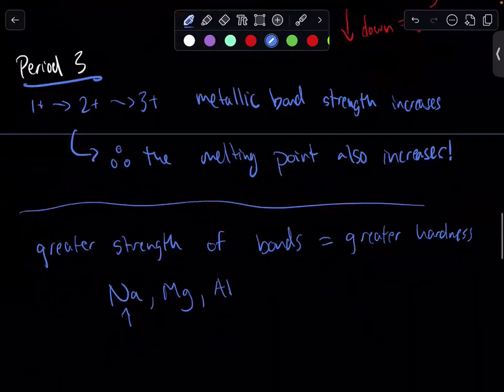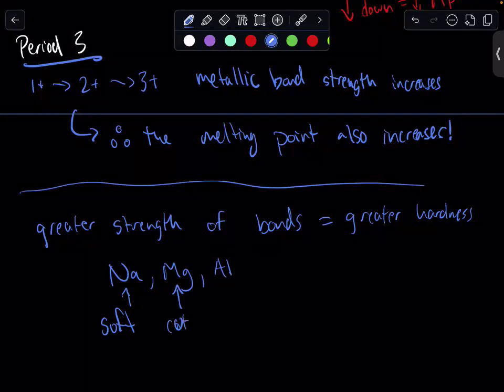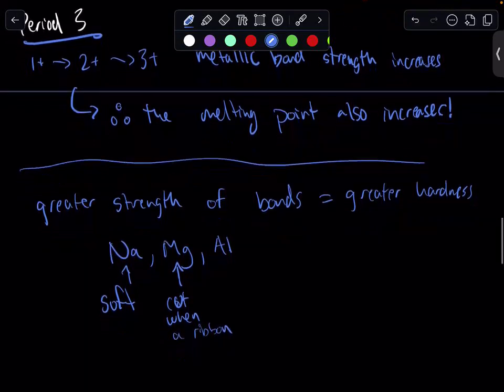Sodium is so soft it can be cut with a knife, almost like butter. Magnesium is a bit harder, but still can be cut as a ribbon, or shaved off if you have a flint and a magnesium rod. However, aluminum is the hardest of these three, very hard, and can't be cut.